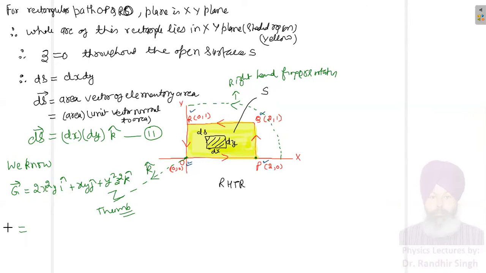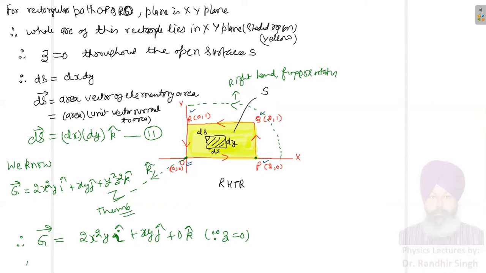Therefore I can write G vector equal to 2x square y i cap plus xy j cap plus 0 k cap, because z is 0 over the shaded area.